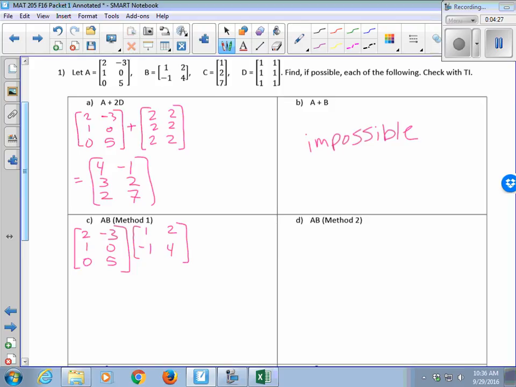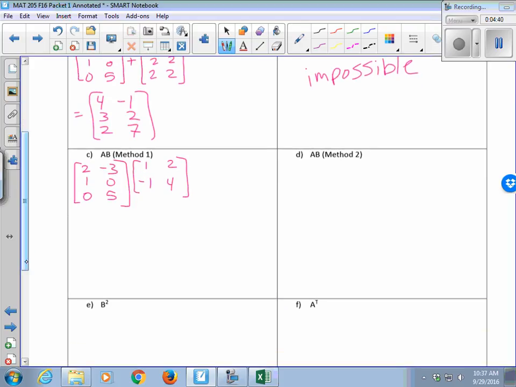You do the same thing when you're multiplying a matrix times a matrix, except that what you get there is a vector, and it turns out that vector is the first column of the resulting matrix. So column 1 of your answer is going to be 2, 1, 0 with a weight of 1 on it, plus negative 3, 0, 5 with a weight of negative 1.